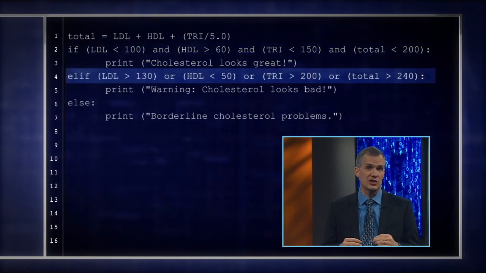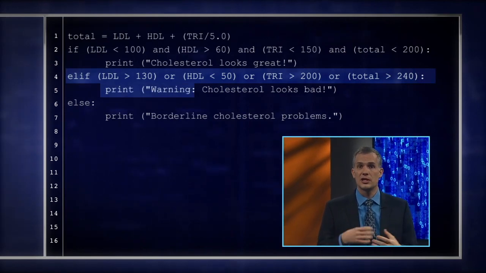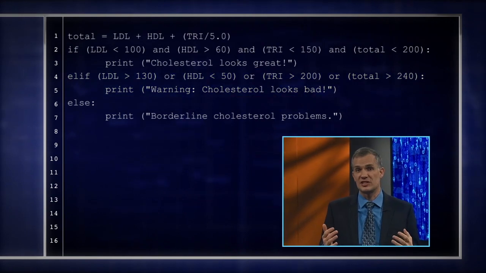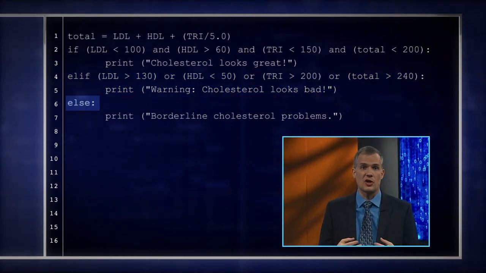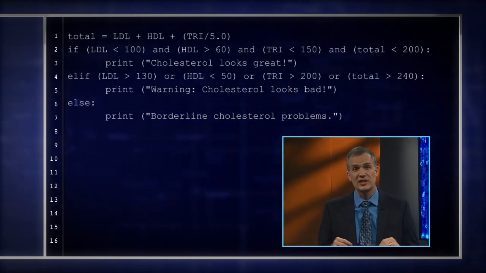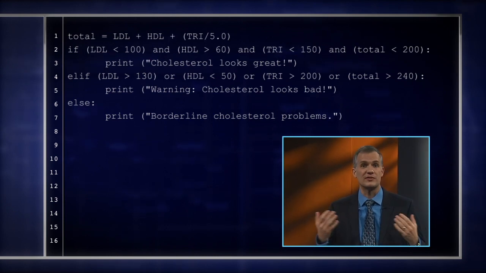The elif condition checks whether any one of the values is in the bad range. If so, it prints out the warning. And if neither of these is the case, we get to the else clause and we print out the borderline message. This is just one example of how a conditional can be used to help sort out and choose from one of several outcomes.